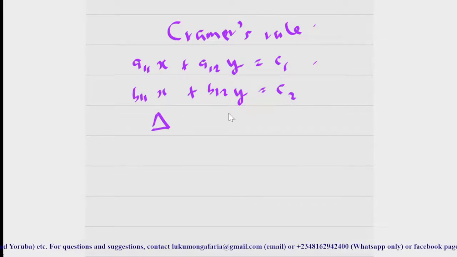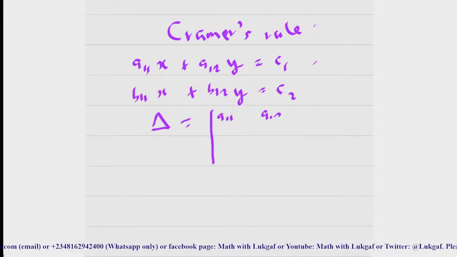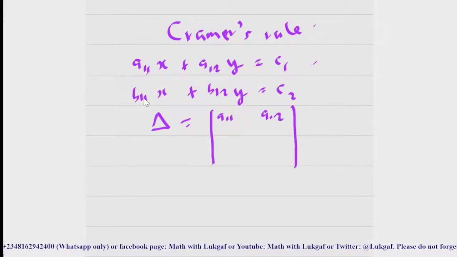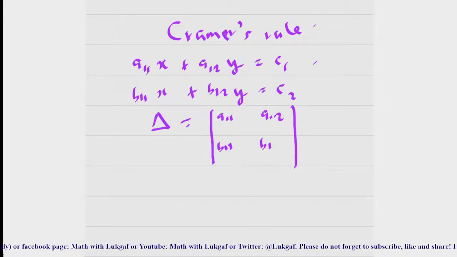What is delta? Delta is the determinant of the coefficients of x and y in the two equations. What is the coefficient of x here? a11, a12. And this one is b11, b12. I hope you understand now.